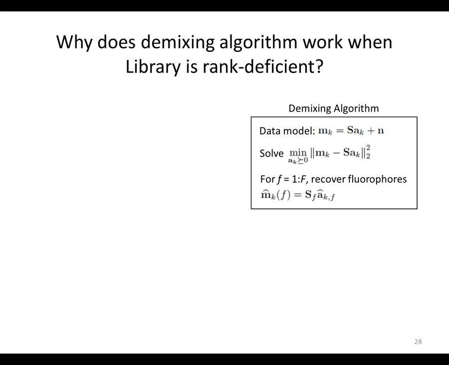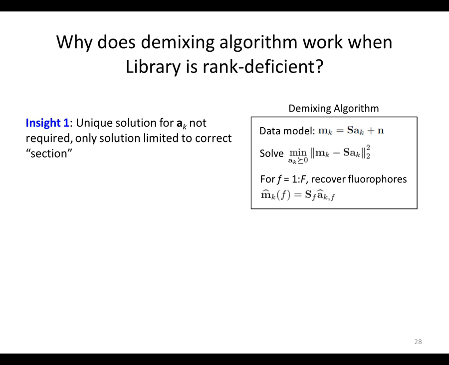So we can understand this by relying on 3 key insights. The first one is that, typically when people solve this kind of problem, they're really interested in what the coefficients are in that vector A. But for me, I'm only interested in that indirectly, because as soon as I get it, I'm going to do this multiplication, and then I'll have my underlying fluorophore signature, so I'm essentially going to throw that away.